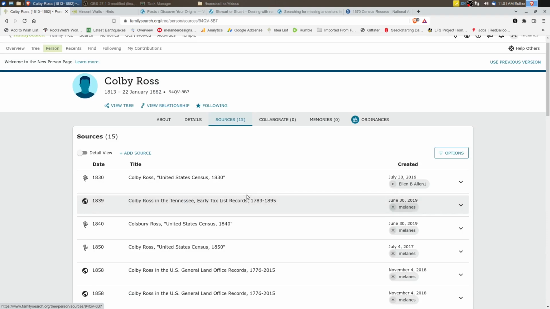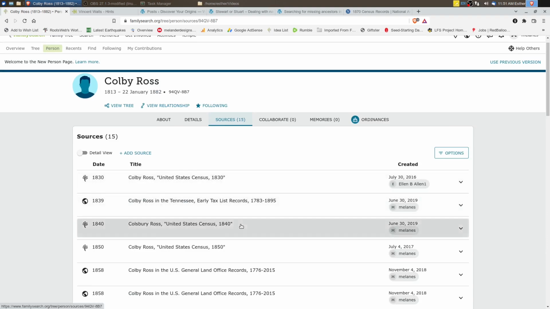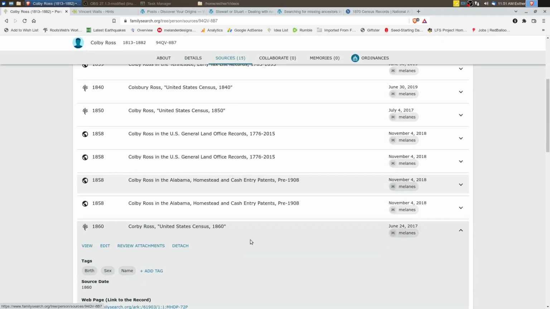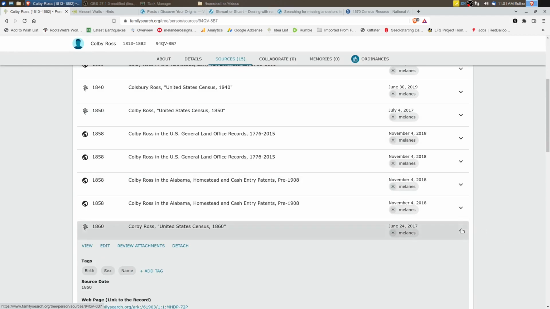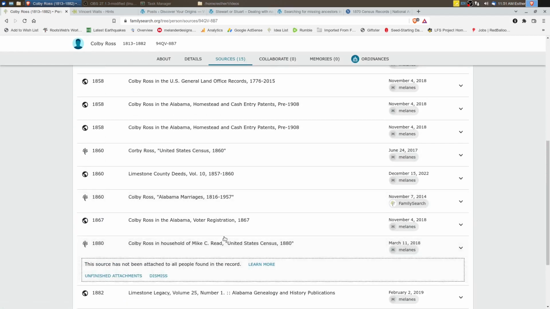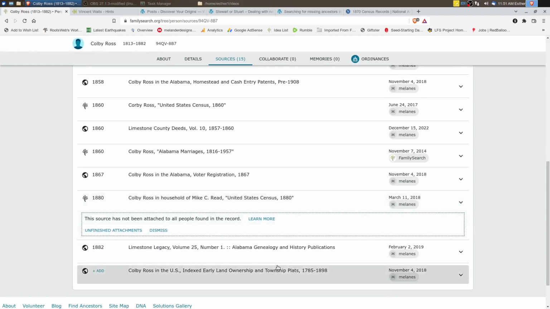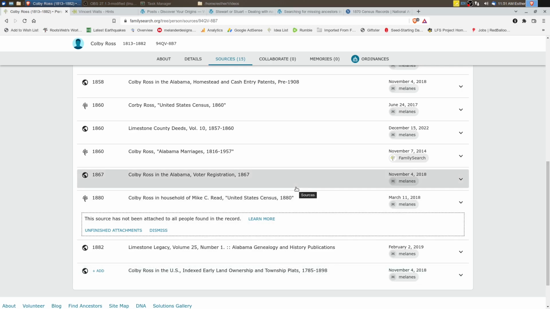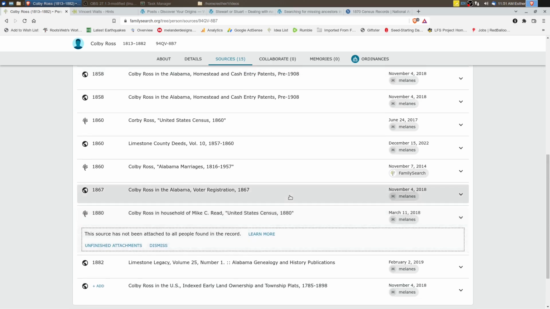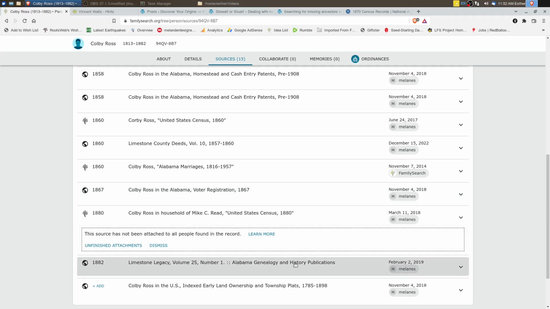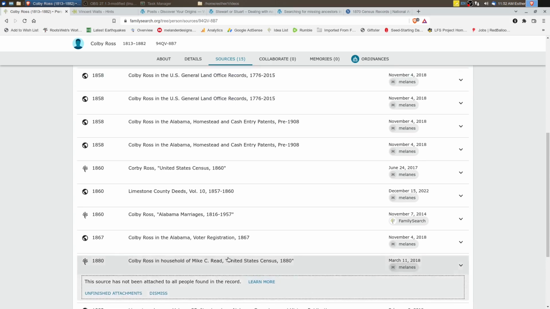We can find Colby Ross in the 1830, the 1840, the 1850, the 1860 census, and then the 1880 census. One of the research strategies that people recommend is that you try to find your ancestor in every census that was taken. So it is really important that we try to find him in the 1870 census. That is a rather important census year for the southern states for different reasons, but we have not been able to find him.